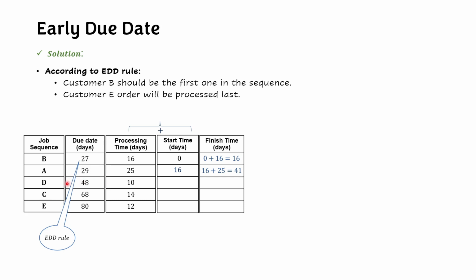The next job in the sequence is job D, which requires 10 processing days. So we will complete job D on the 51st day. Once we complete job D, we will start job C on the 51st day and we will be able to finish job C on the 65th day.